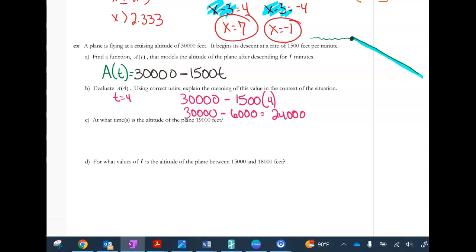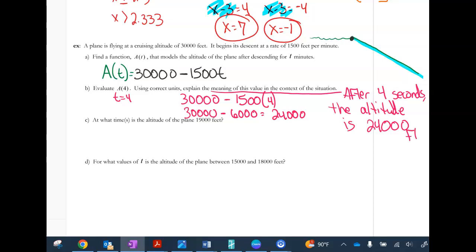And then you have to explain the meaning of this value in context. So after 4 minutes, the altitude is 24,000 feet.